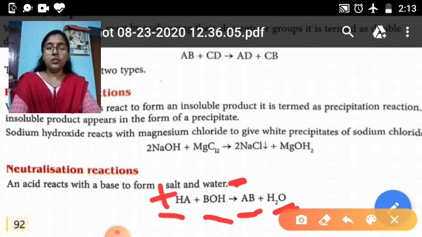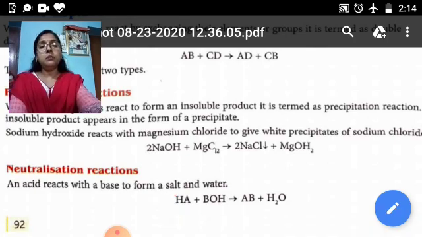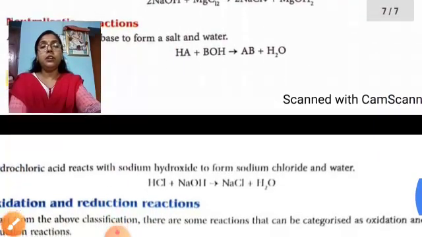So this is called the neutralization reaction, which is also called the double displacement reaction, because there is an exchange of ions taking place. So hydrogen is combining with the base, and they will decompose each other and form the new product, salt. So here the example is given on page number 93.